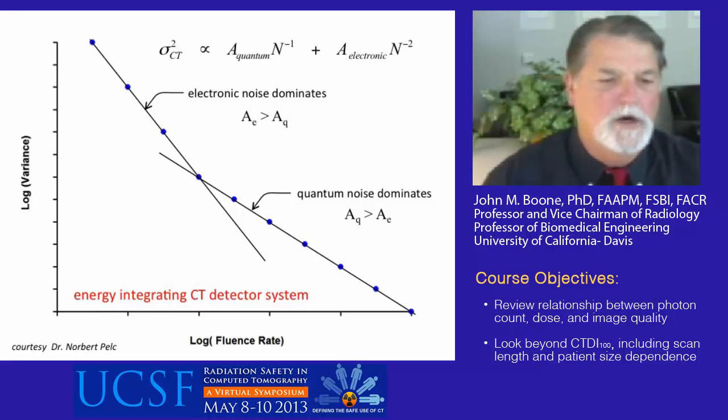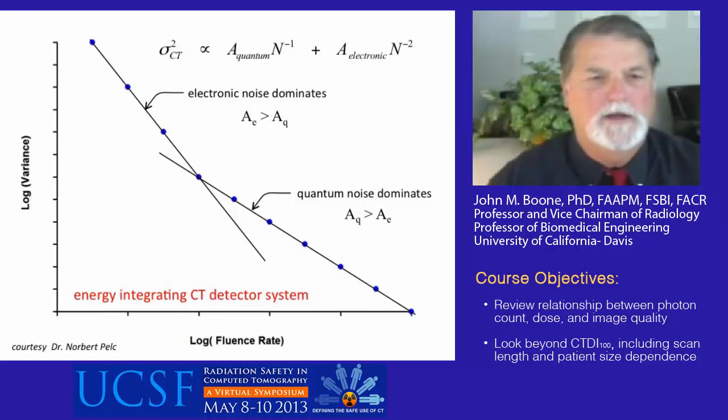But if you're at lower fluence rates, the signal levels generated by the X-ray flux are not as high, and the electronic levels of noise can actually overwhelm the signal generated by the quanta, and in such case you really are suffering from electronic noise, and this is quite visible in both fluoroscopic images, CT images, and radiographic images.